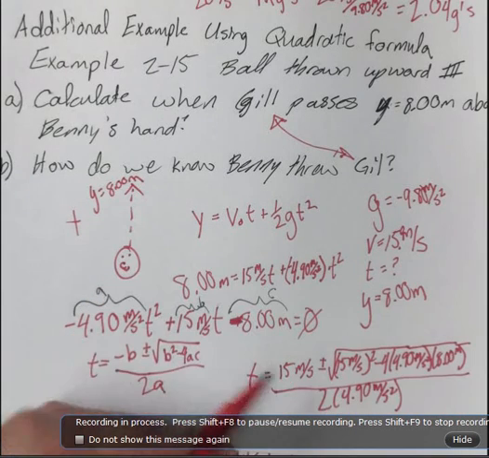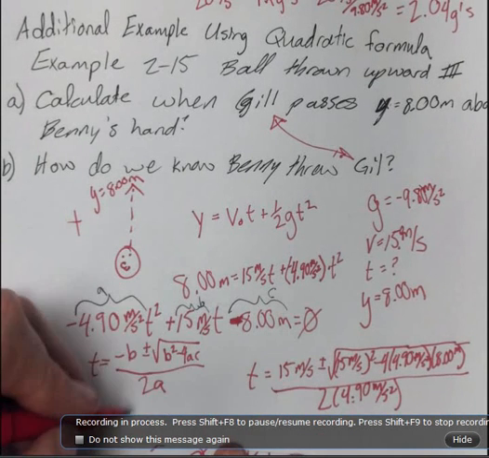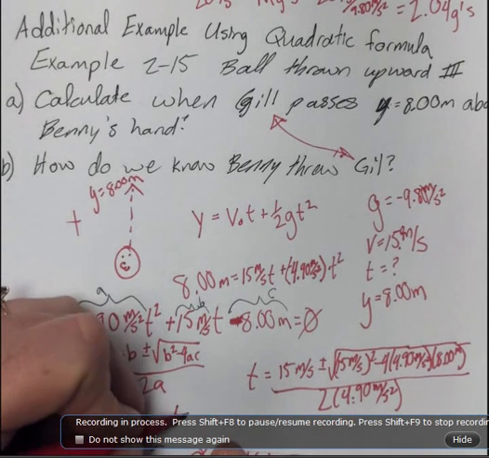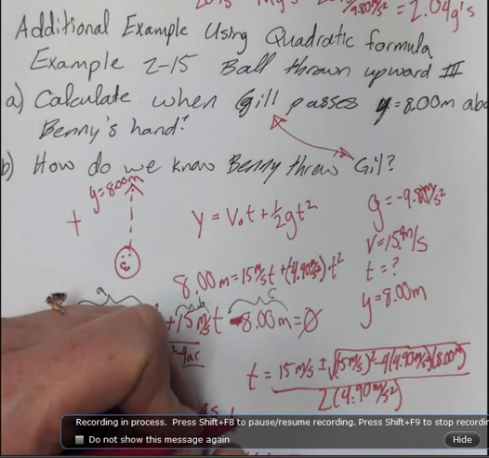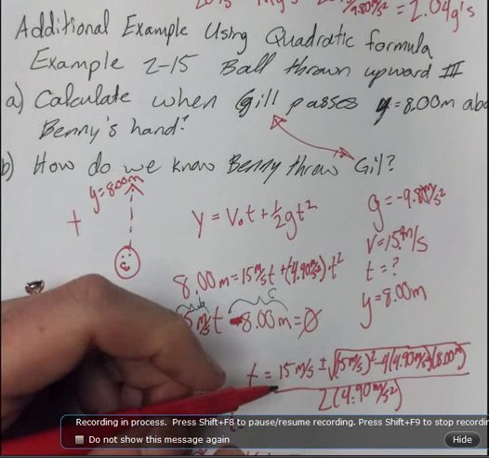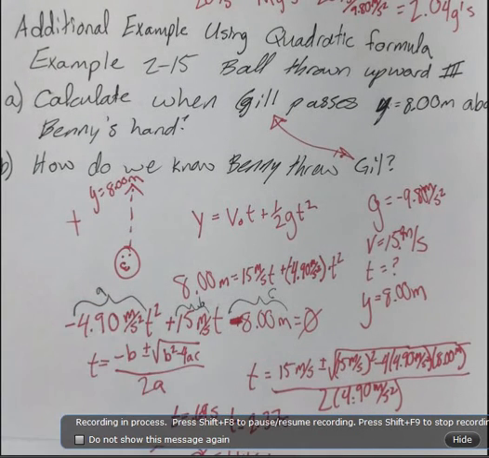You're going to notice that these are set to positive values because the negatives cancel out to be a positive. You get 2 answers. The time could be 0.69 seconds, or the time could be 2.37 seconds.